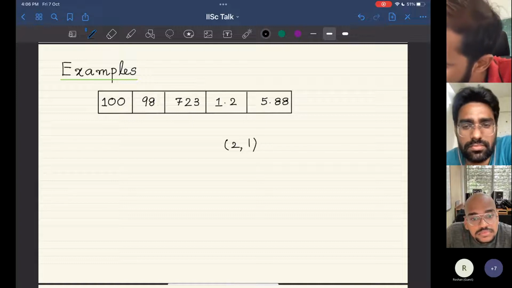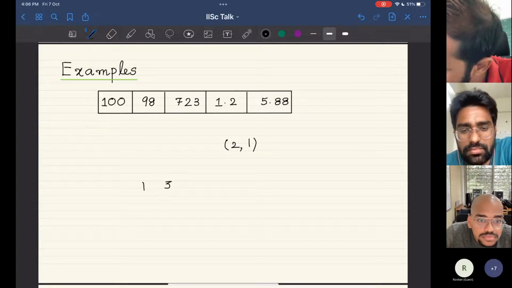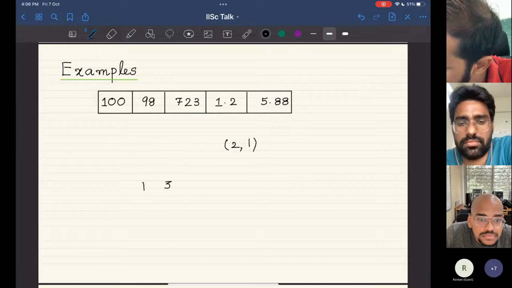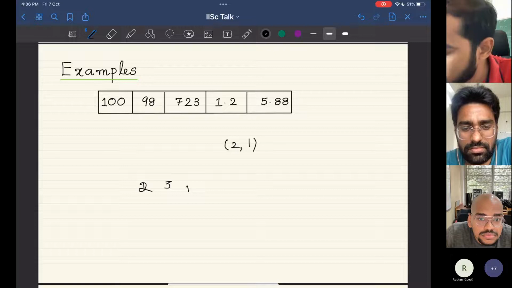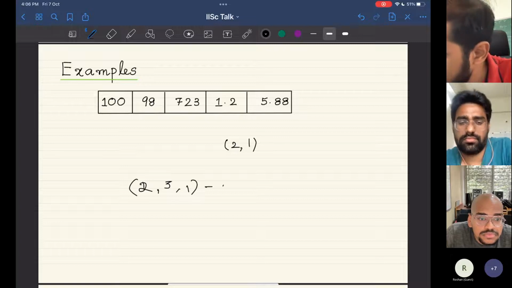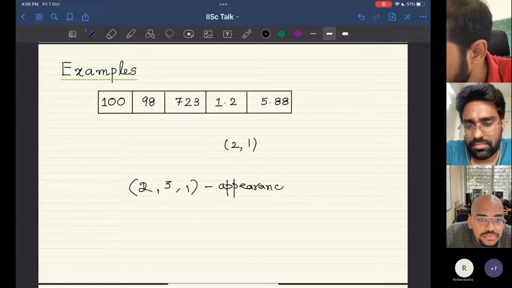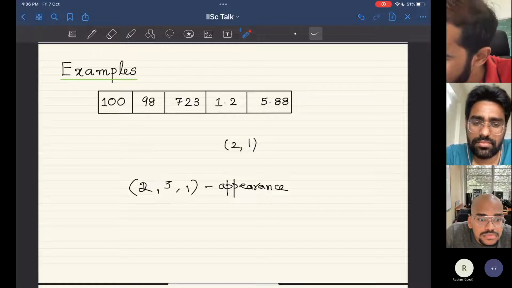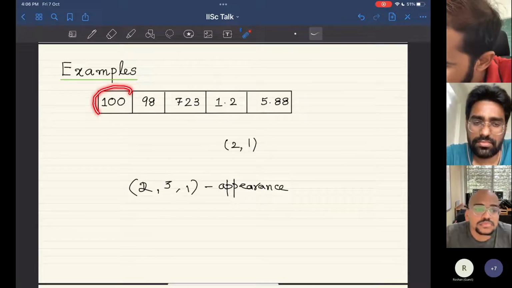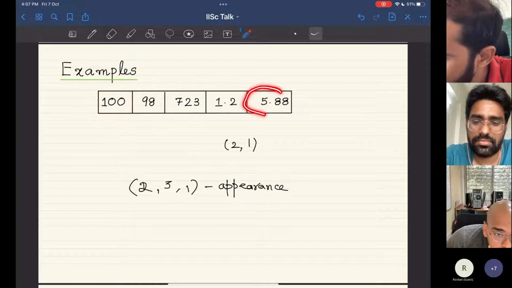This array also has a 2 3 1 appearance. An example would be 100, 723 and 5.88.